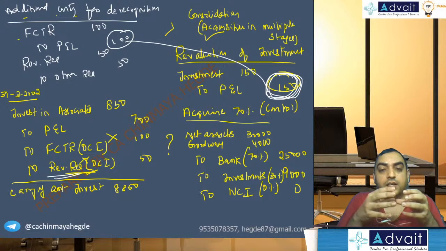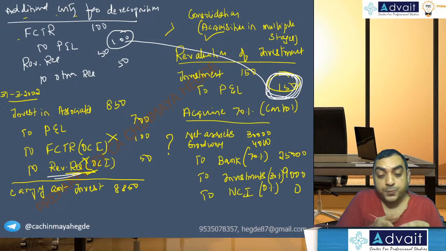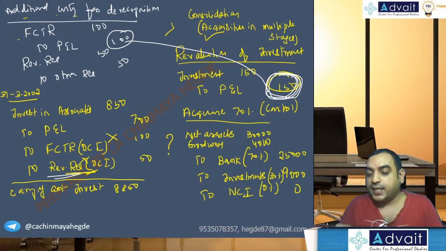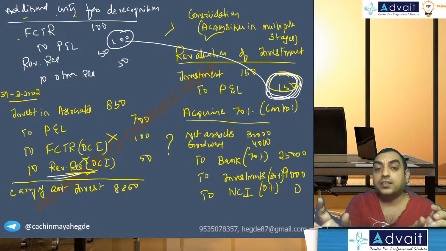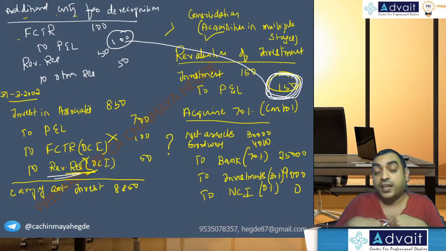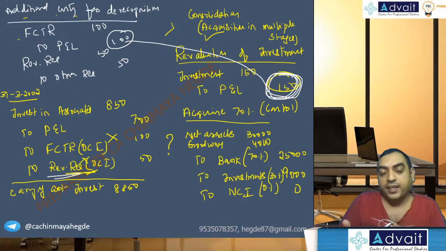Therefore, the OCI elements which were previously recognized now should be closed. How do you close it? Either you transfer it to P&L account or you transfer it to retained earnings, other reserves. To what extent? To the extent of the associate share or the holding company's existing share, because that is what was already transferred, now derecognized.